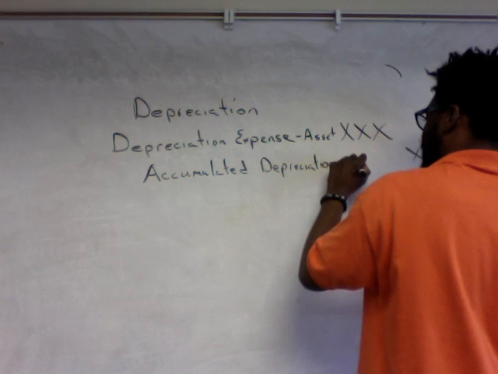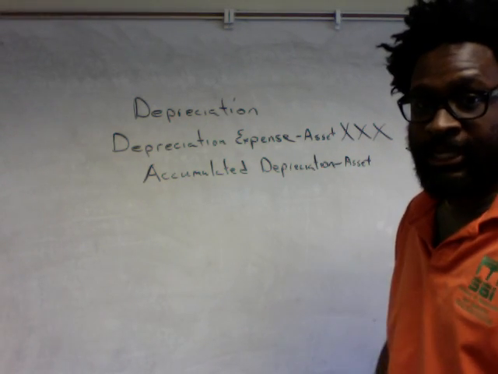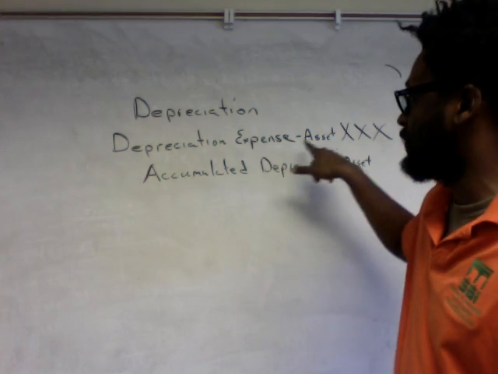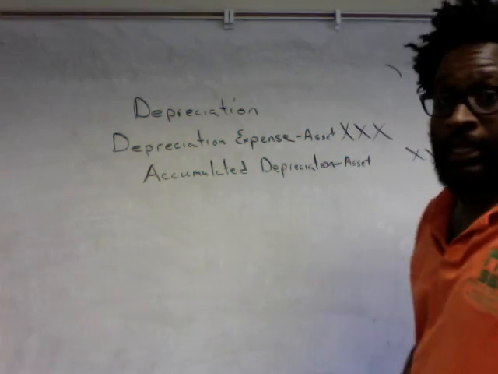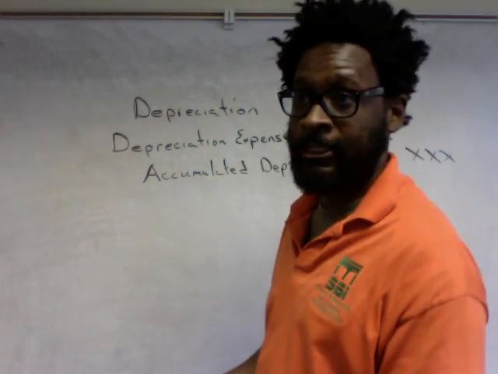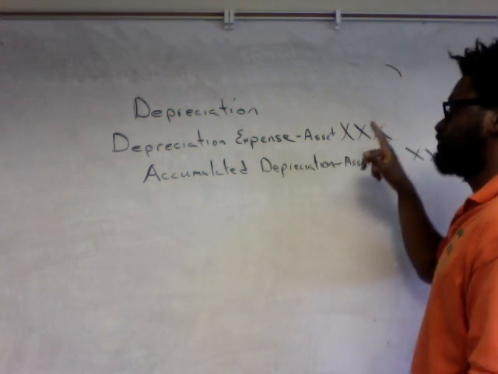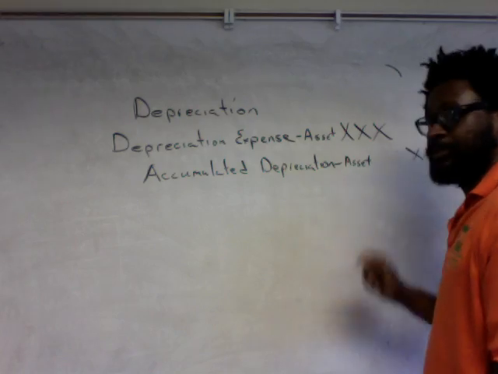When I say slash asset, it should be the asset's name. So if we're depreciating a truck, you would debit depreciation expense slash truck, credit accumulated depreciation slash truck. If you were depreciating a building, you would debit depreciation expense slash building. You would credit accumulated depreciation slash building.